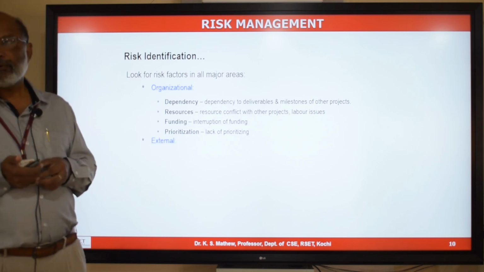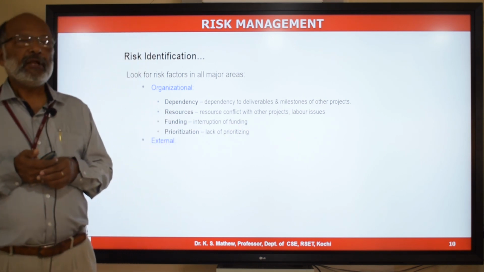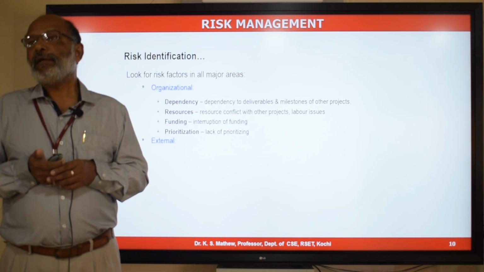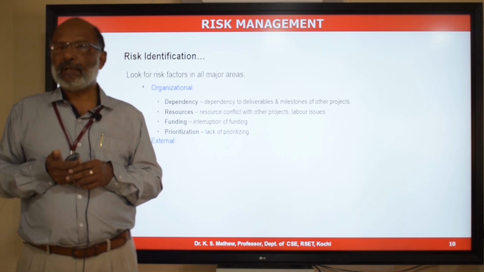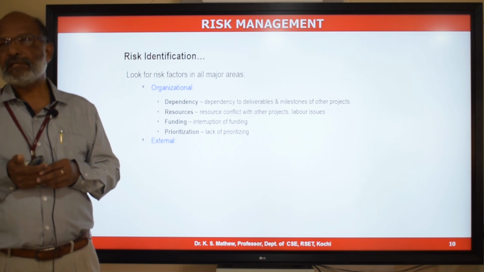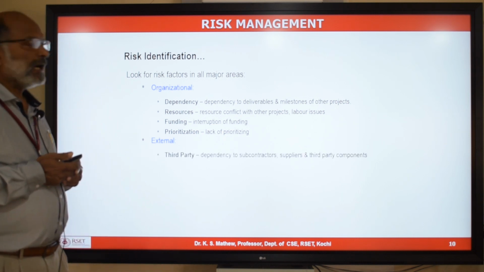Then there is the fourth category or fourth source of risk called external risk. Many of these external risks you may not have any control over, but you need to identify those risks as well, and you need to plan contingency reserve for managing those risks which you don't have any control over. Third-party related risks.